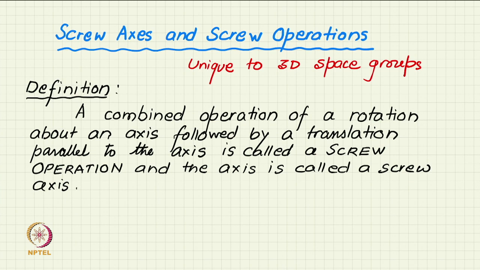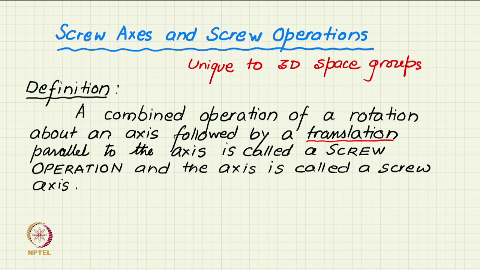Even in 3 dimensions they were not part of the point group, and that is because they involve a translation component. So, here is the definition: a combined operation of a rotation about an axis followed by a translation parallel to the axis is called a screw operation, and the axis is called a screw axis.